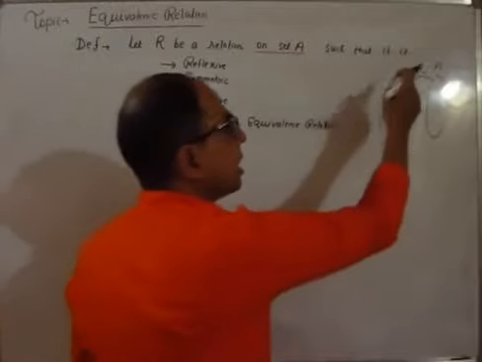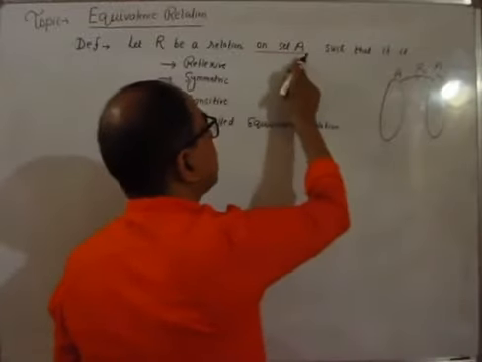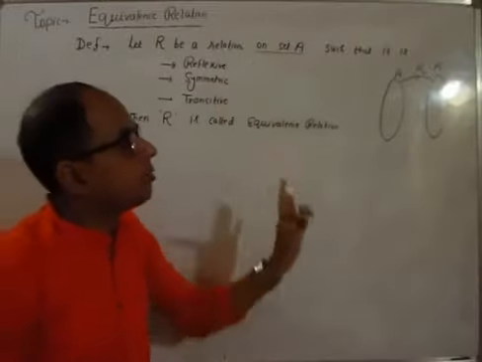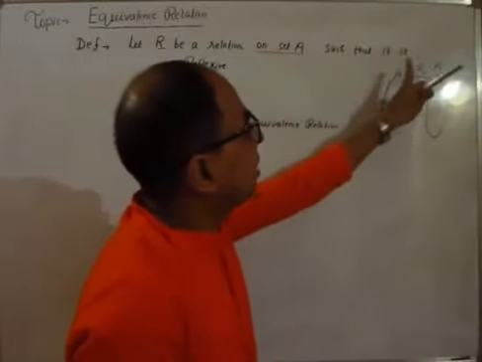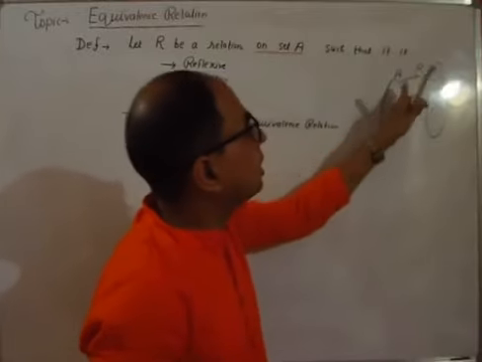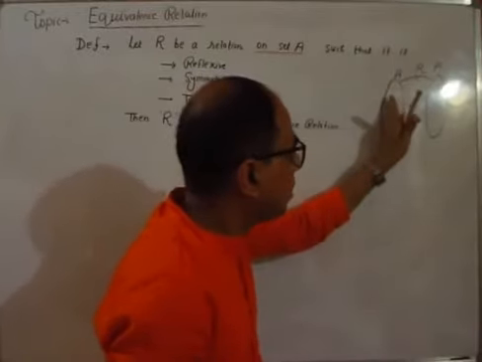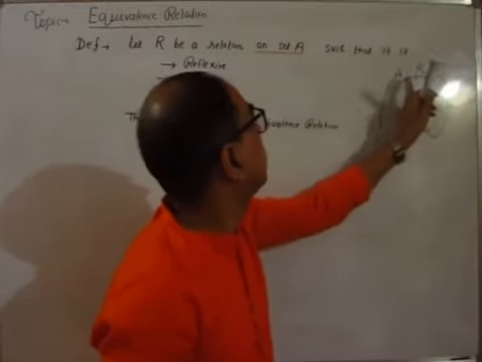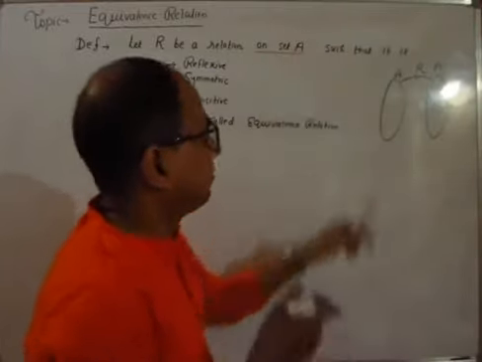Then this relation R is called relation on set A. This is the meaning of relation on set A. Have you got the meaning of on set A?